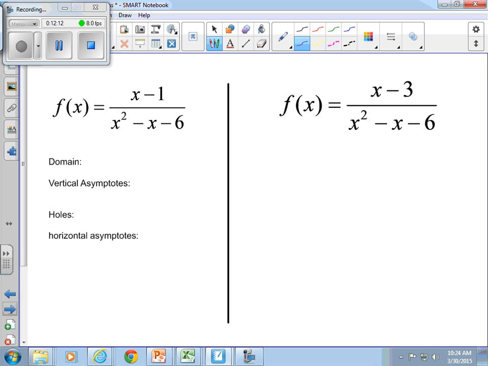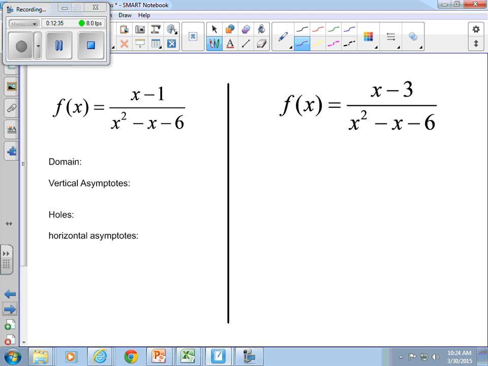So let's look at this first example. We actually have 2 examples side by side. For the top 3 things, for domain, vertical asymptotes, and holes, on all 3 of those, I need to know when the denominator equals 0. So I need to factor the denominator and see when it equals 0. Step 1. Factor the denominator and see when it equals 0.